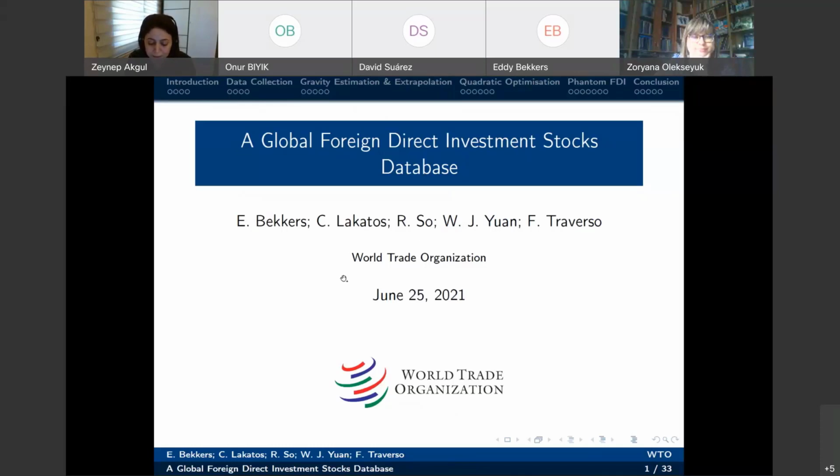She's from the German Development Institute. She's going to talk about the updated investment facilitation index. And finally, Eddie Beckers from the World Trade Organization will be talking about estimating cost reductions of multinational activity of a potential investment facilitation agreement. So this will be a very interesting session. And without further ado, I'd like to leave the floor to Roger So.